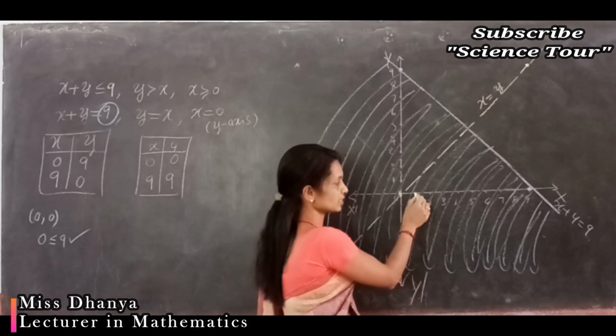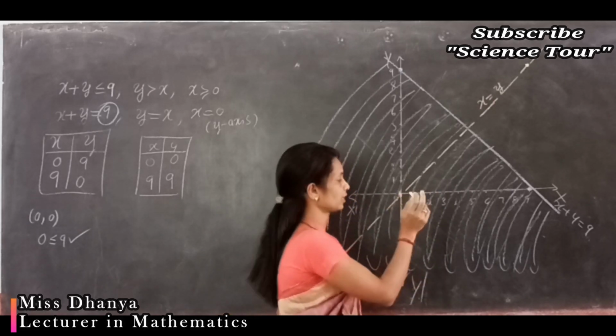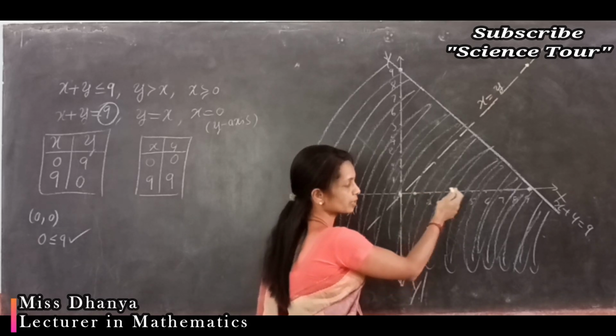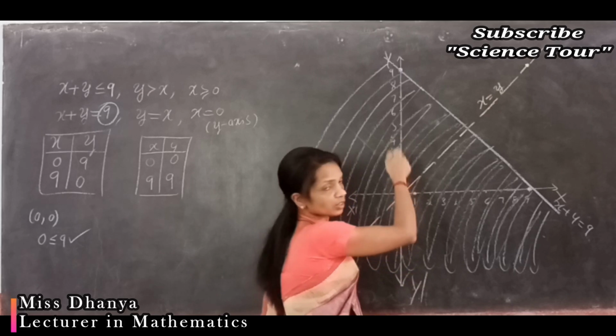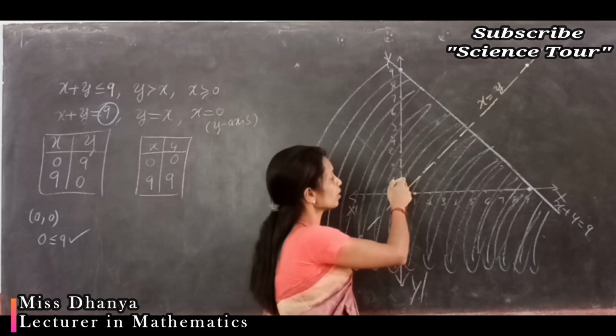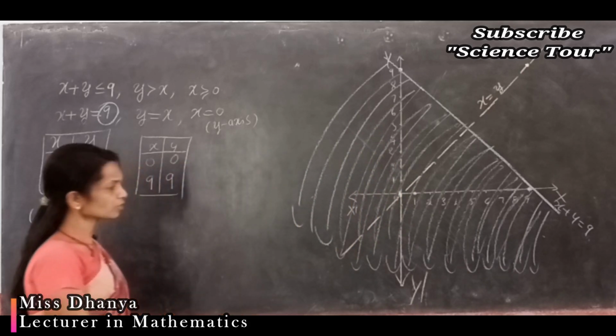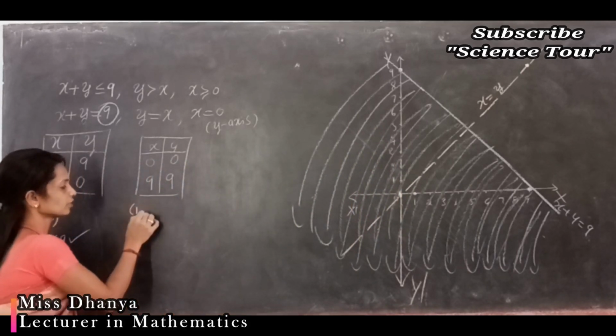Clearly you can see it is not on the broken line. Like that you can take (2, 0), (3, 0), (4, 0), or on the y-axis some points (0, 1), (0, 2), like that. Okay. So now we take the point (1, 0).